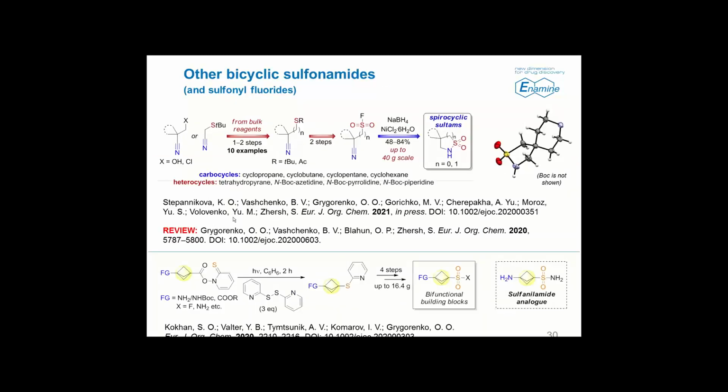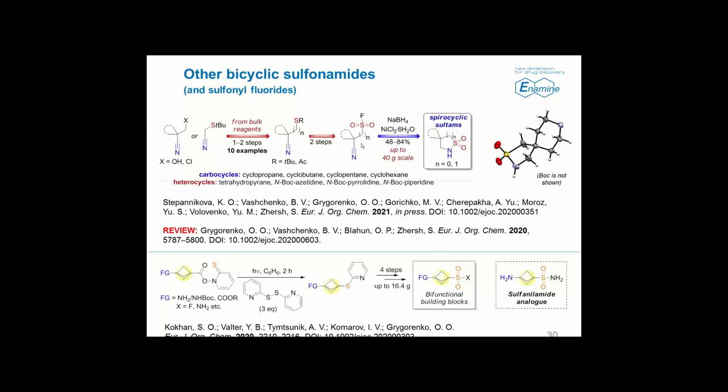The related chemistry was used to obtain some other bicyclic sultams, for example, bicyclic sultams having either cycloalkane or heteroaliphatic moiety adjacent to the sultam moiety. And we have obtained both beta sultams and gamma sultams by cyclization, which is quite similar to the one that was shown on the previous slide.